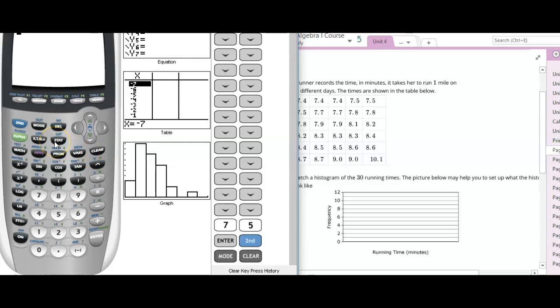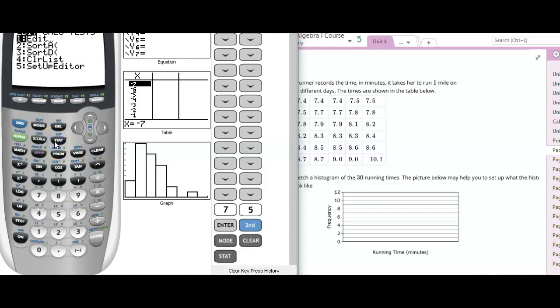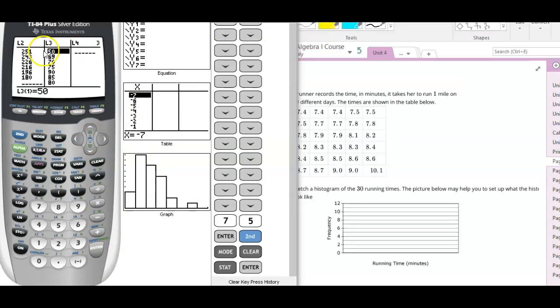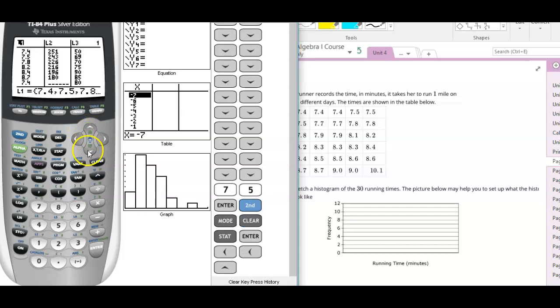You're going to press the Stat button. Then we want to edit, so we just want to press Enter on Edit. And then we want to enter our data points in list 1. Now, I kind of worked ahead.